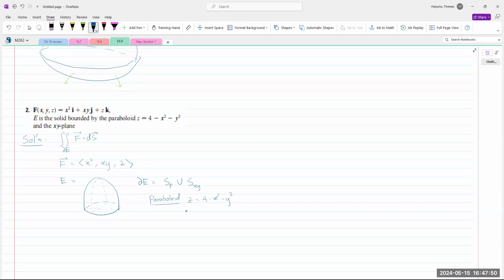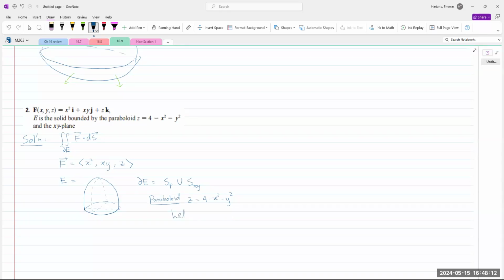So the gradient of z will be negative 2x... I don't like this. I'm sorry, I want to call that g.